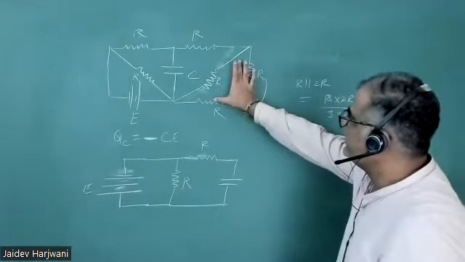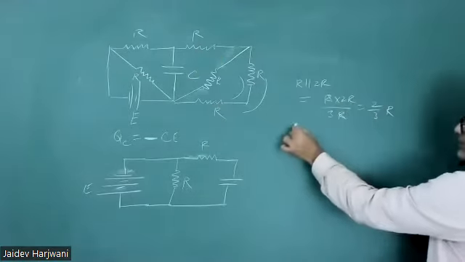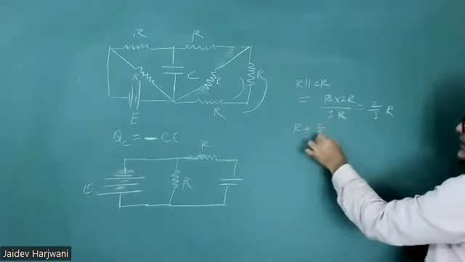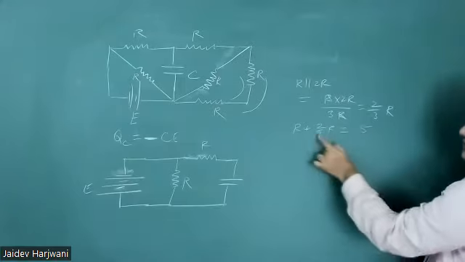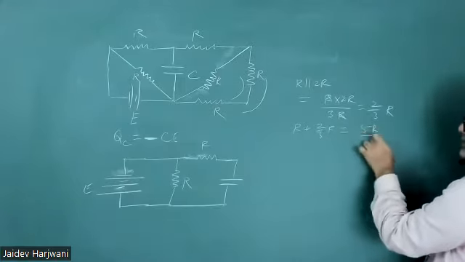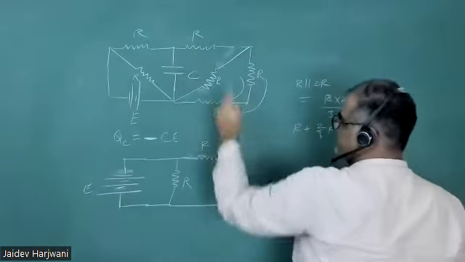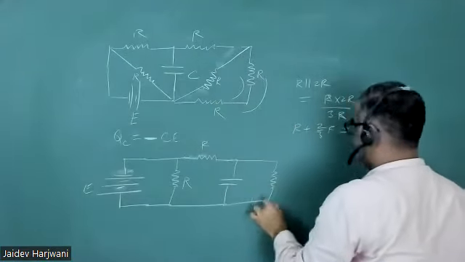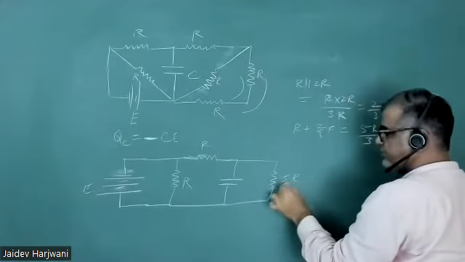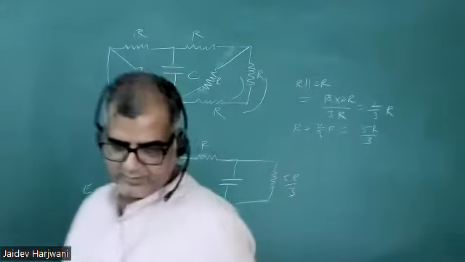Now this whole 2R/3 is in series with this one R, so R plus 2R/3 gives 5R/3. So this whole system has resistance 5R upon 3. If you are in doubt, please ask whether it is correct or not.